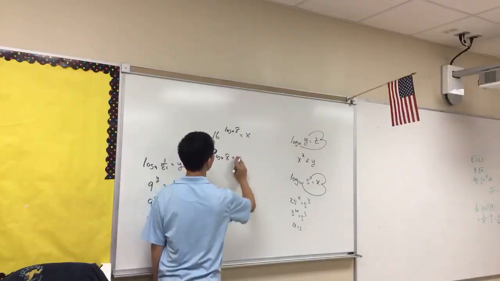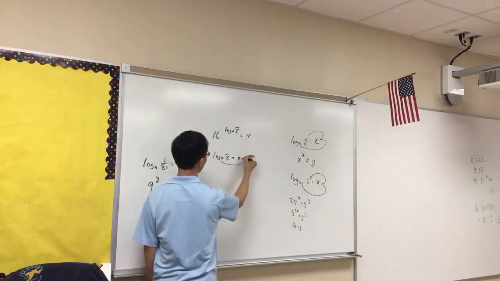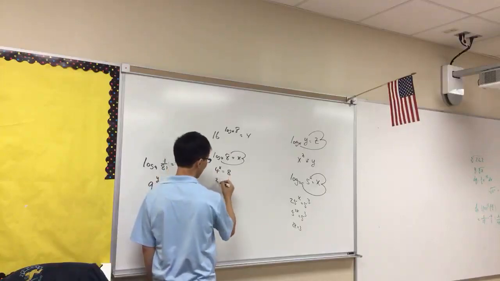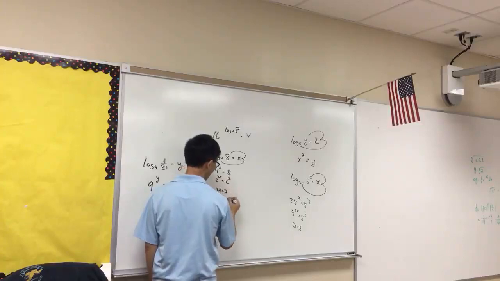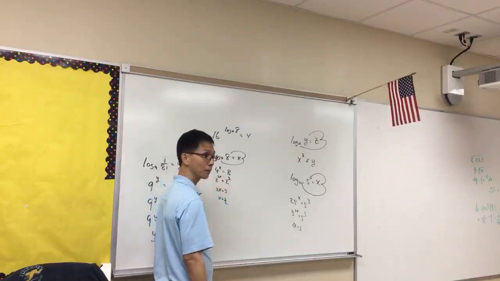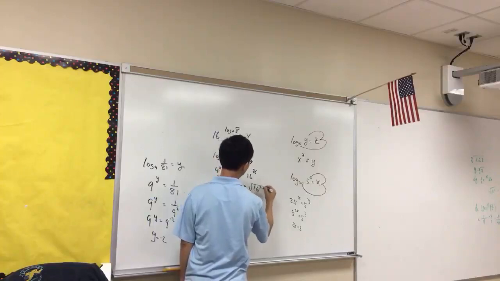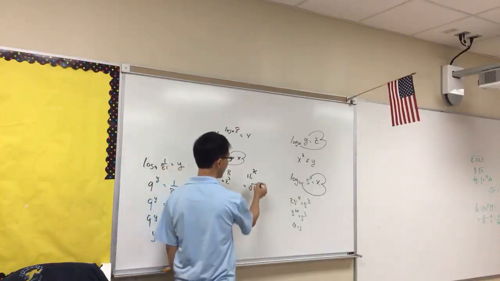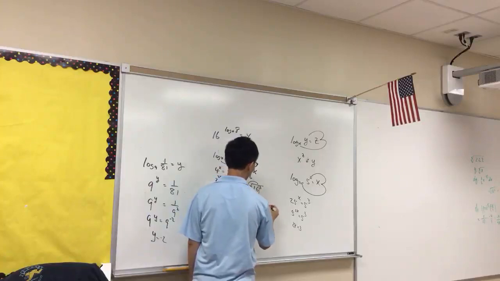So 4 to the x is equal to 8. So 2 to the 2x equals 2 to the 3, so 2x equals 3, x equals 3 over 2. Then you plug in here, so it'll be 16 to the 3 over 2. That means the square root of 16 to the third power. Does that make sense? Can I do the square root of 16 first? So it'll be 4 to the third power, which equals 64. Answer is 64.